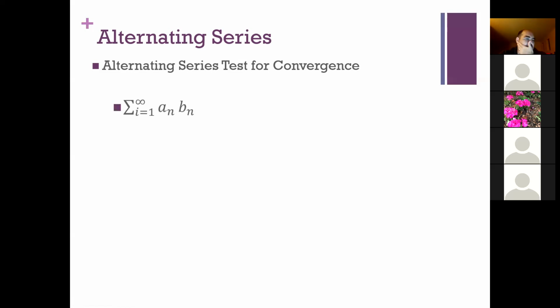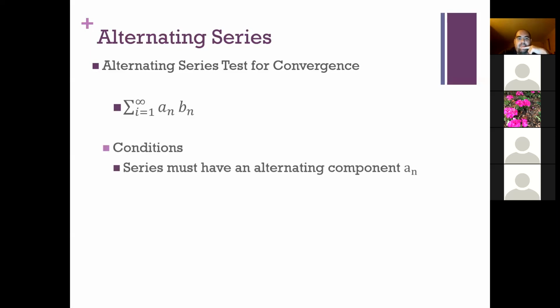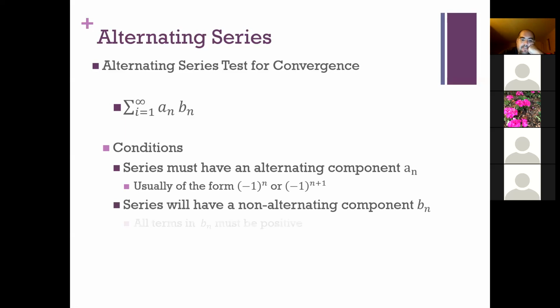So all of your alternating series are going to look like this. Basically, I am taking the infinite sum of two sequences multiplied by each other, a sub n and b sub n. A sub n is the alternating component, and it usually looks like -1 raised to some power. B sub n is the non-alternating component.